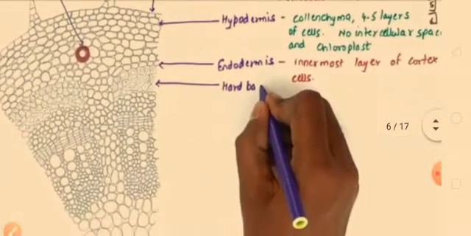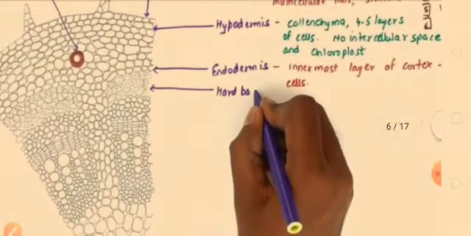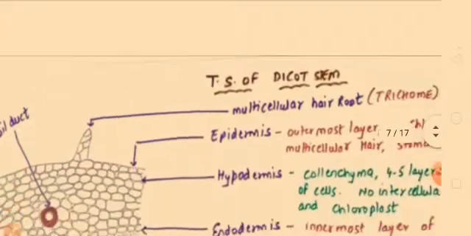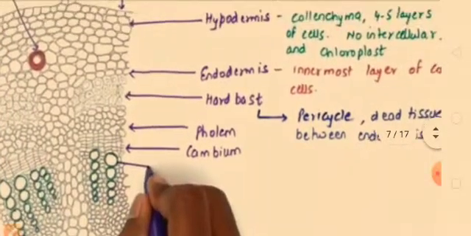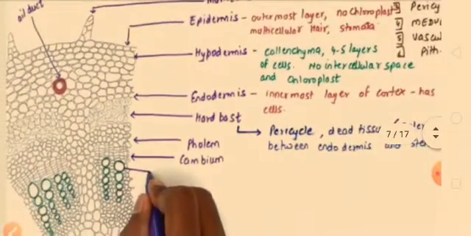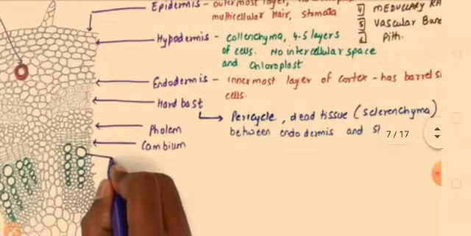Talking about the endodermis, it is the innermost layer of the cortex, and next you have some 3 to 4 layers of hard bast, that is, made up of sclerenchyma cells. This hard bast is also called the pericycle.